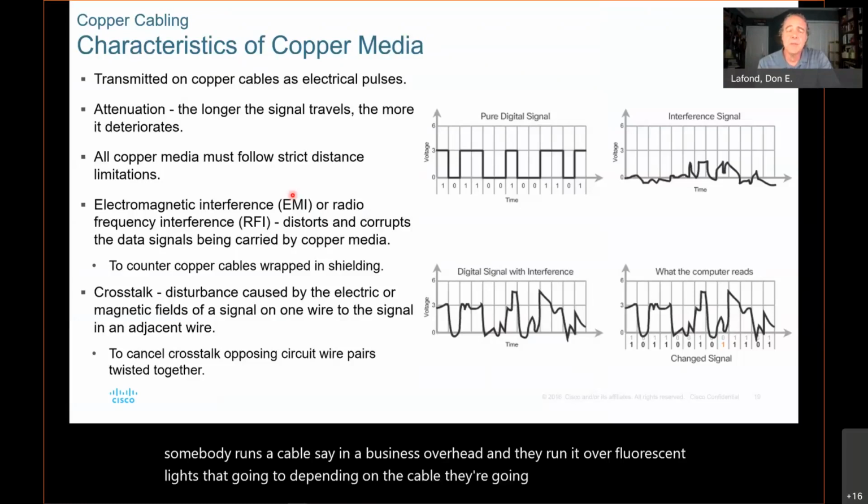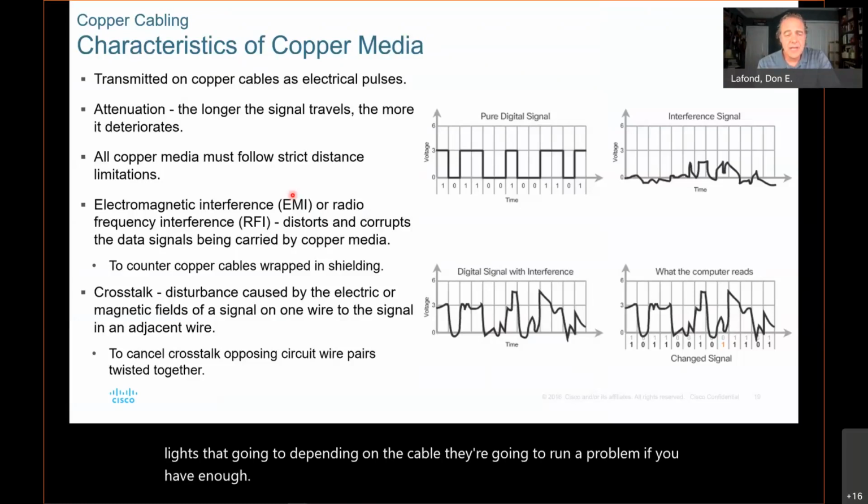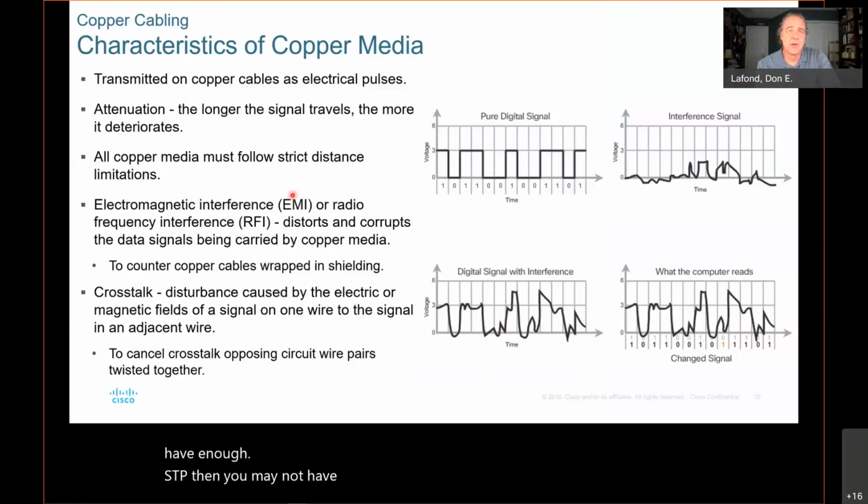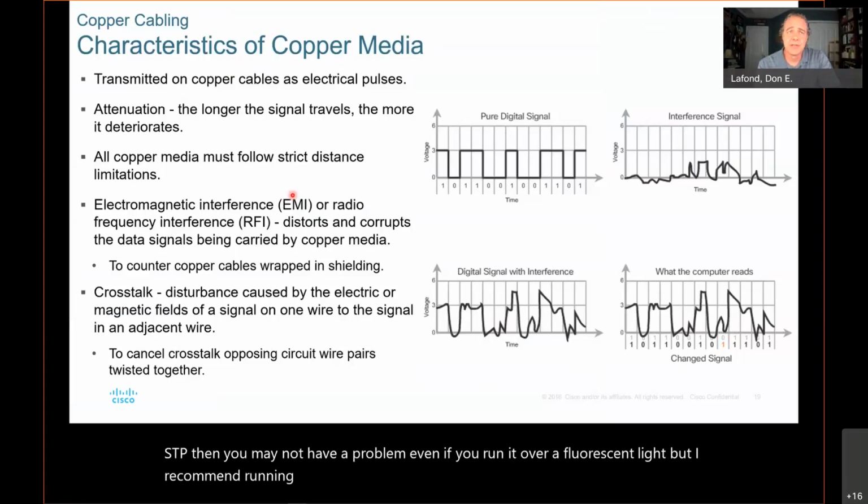If you have enough shielding, STP, then you may not have a problem even if you run it over a fluorescent light. But I recommend not running it around the fluorescent lights just to avoid any possibility of getting EMI and RFI.